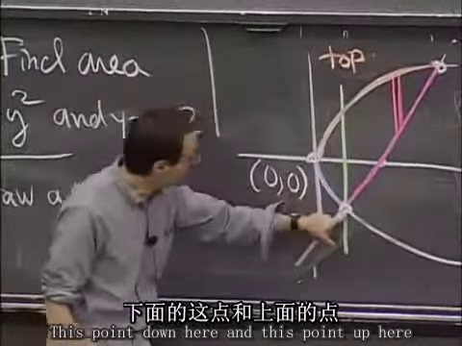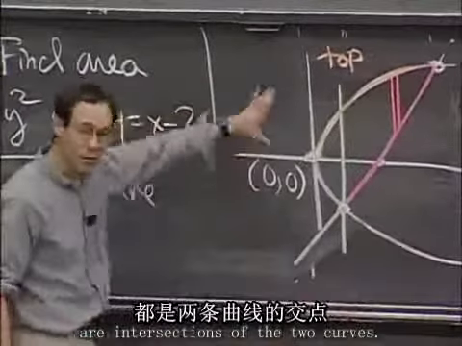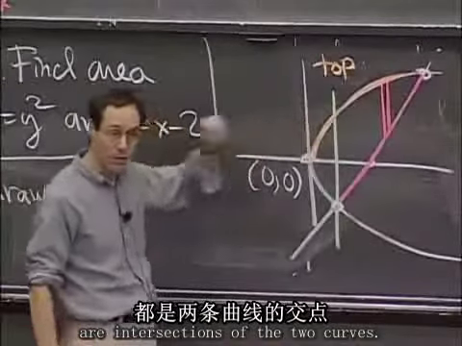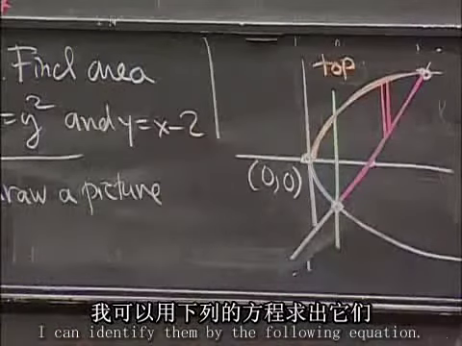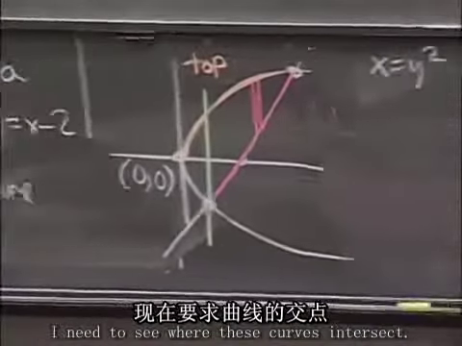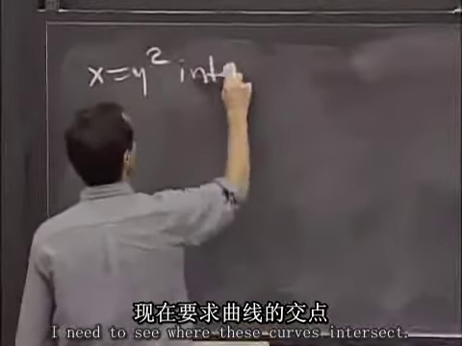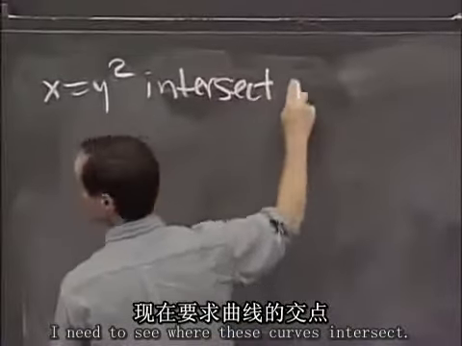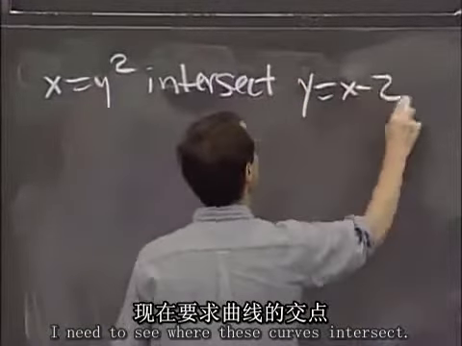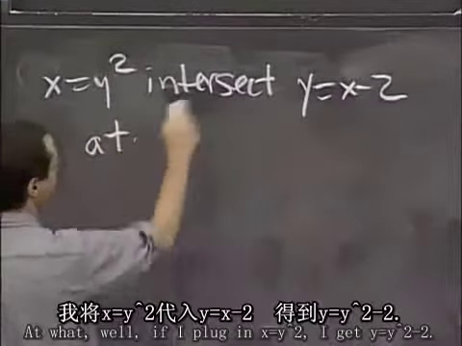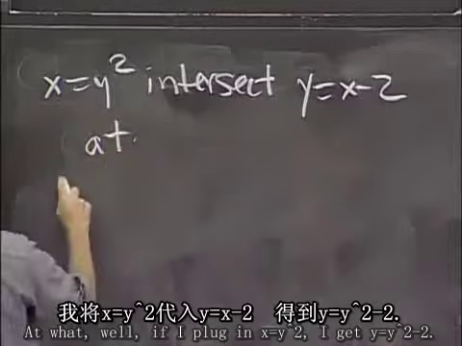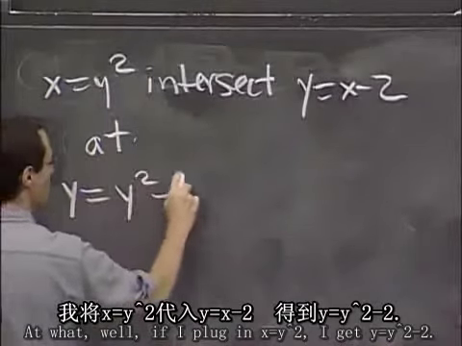This point down here and this point up here are intersections of the 2 curves. I can identify them by the following equation. I need to see where these curves intersect. Well, if I plug in x is y squared, I get y equals y squared minus 2.